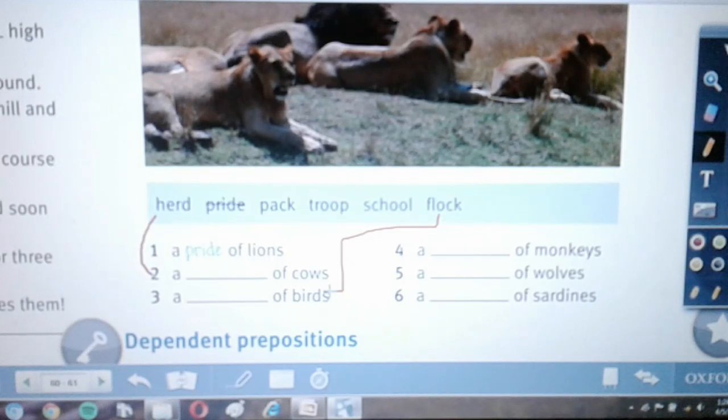We call a group of monkeys as a troop of monkeys. 5. We call a group of wolves as a pack of wolves. So, we call a group of sardines as a school of sardines.